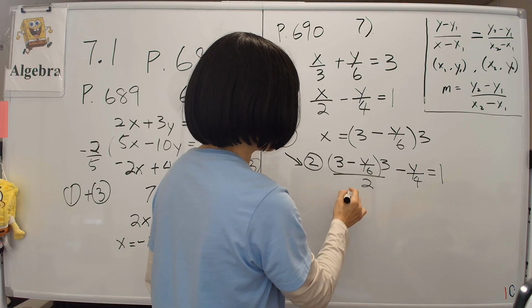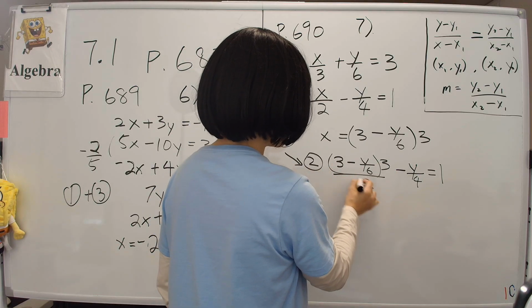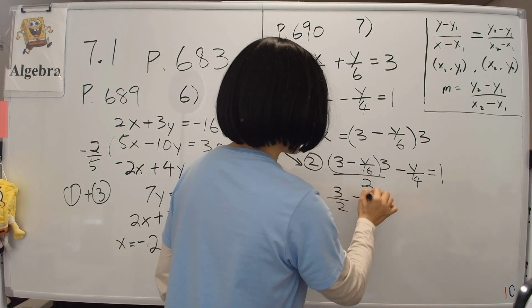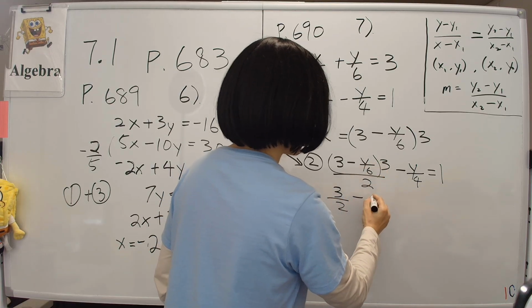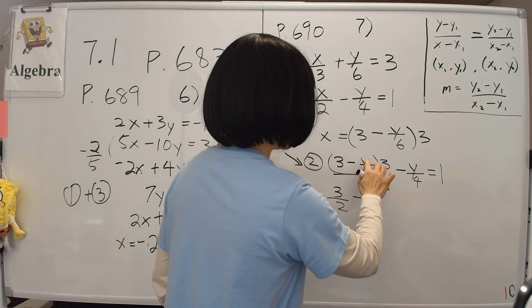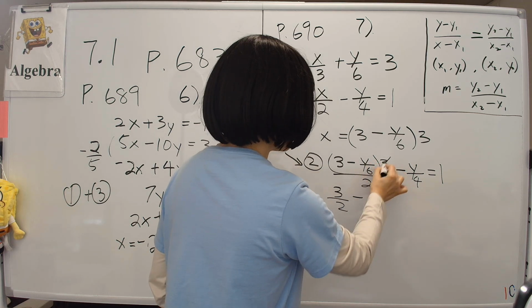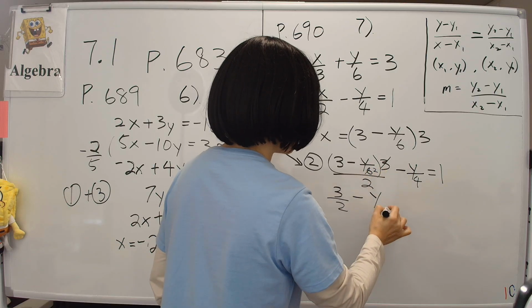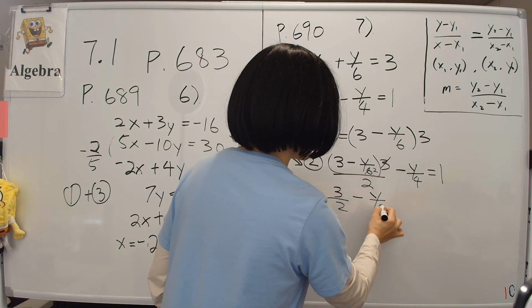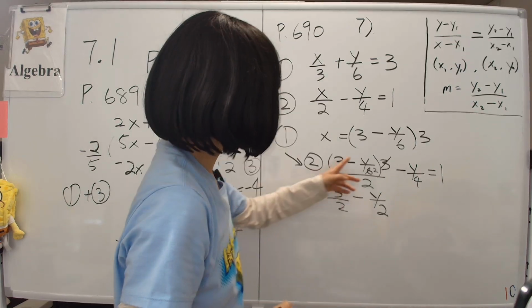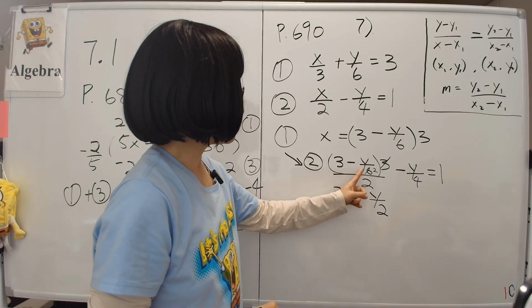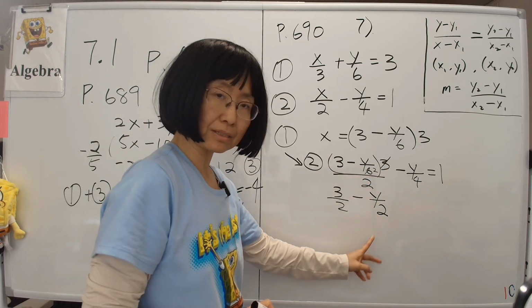Let's simplify this slightly. That gets us 3 over 2, right? Minus 3y over 6 divided by 2 and then divided by 2 again, so that's y over 4. Now this is a manipulation of fractions that a lot of students have trouble with, so please pay attention on how to do this exactly.